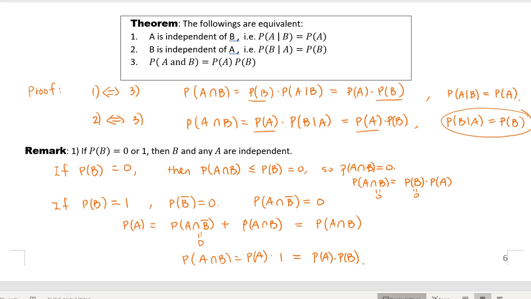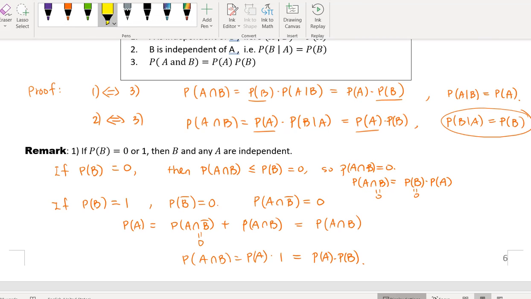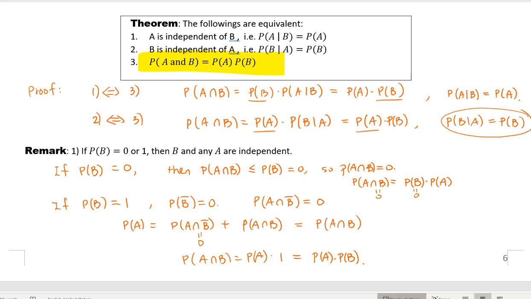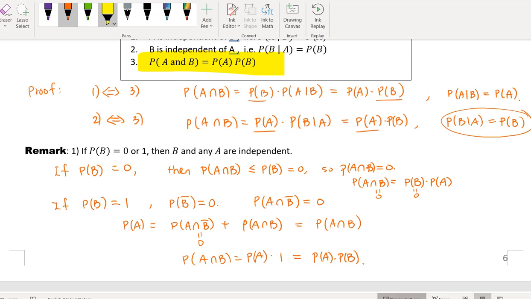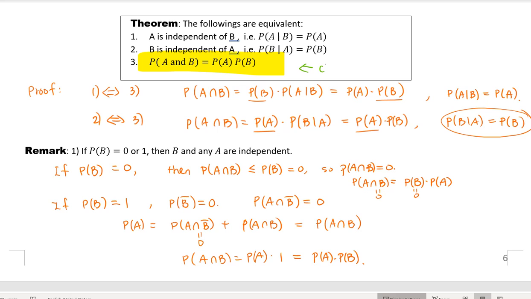Usually when we want to check whether two events are independent or not, we check whether P of A and B equals P of A times P of B.